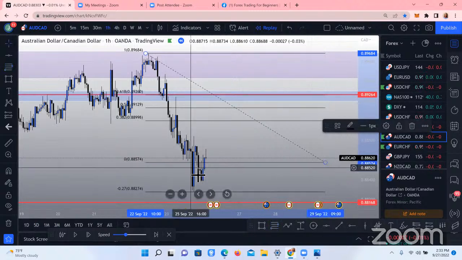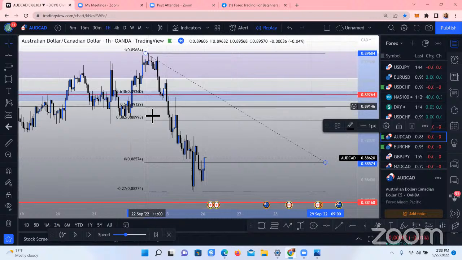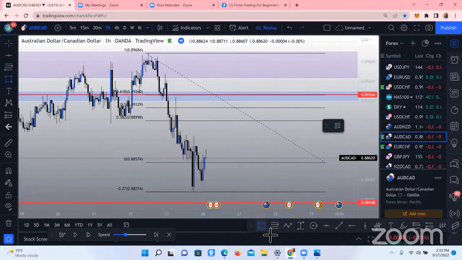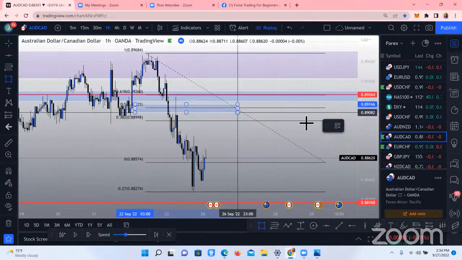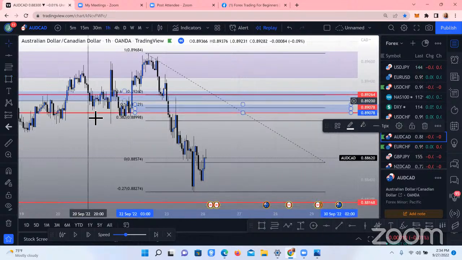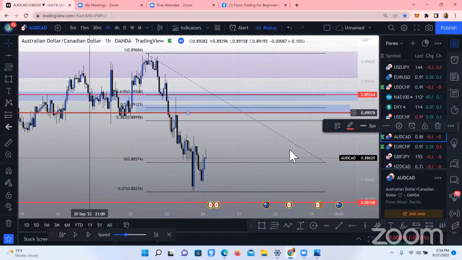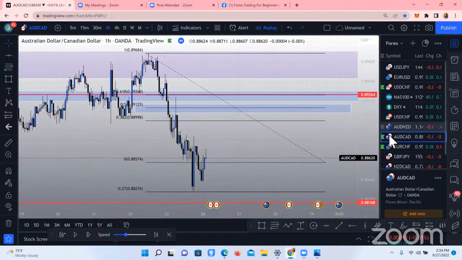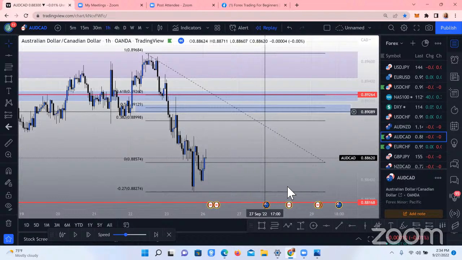All right. So right here, just keep an eye on this area as well. So I'm gonna mark out this 50. And I'm gonna put this as a golden zone because that's gonna be prime since price came back here. So let's change this golden zone.